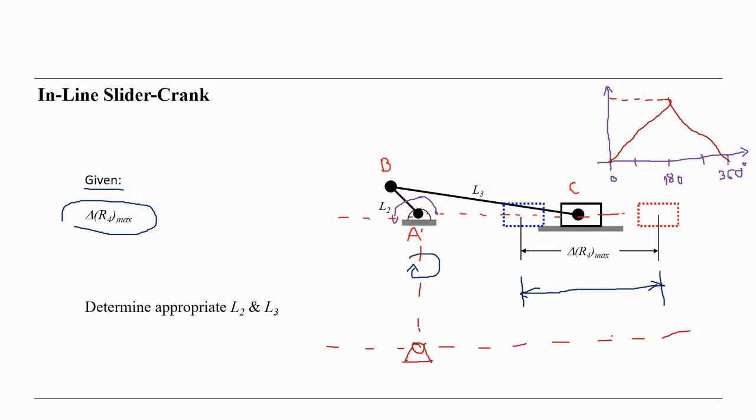One of the limiting positions is somewhere here, and this is A, and the rotation of A is like this.